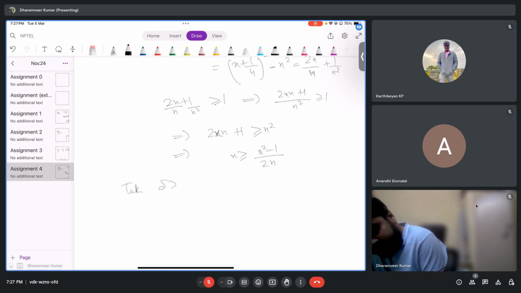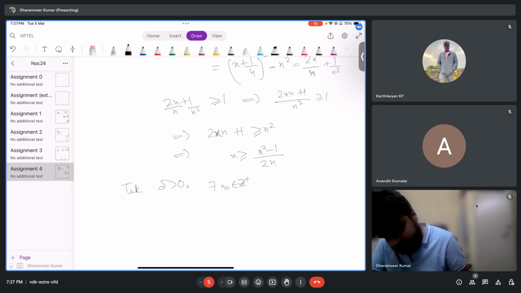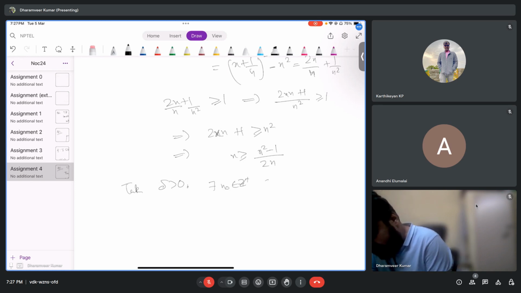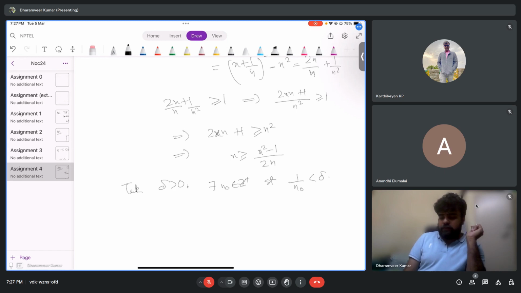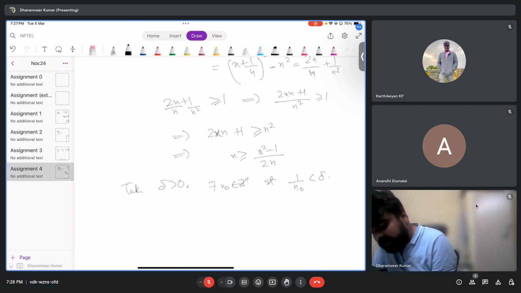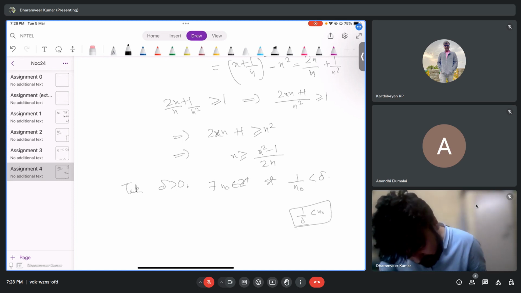So now take any delta greater than 0. It means there exists n naught in Z plus such that this we have done, right? If delta is greater than 1, then for all n naught this is true. If delta is less than 1, then also we can do it, because 1 over delta is greater than a natural number, by the Archimedean principle.